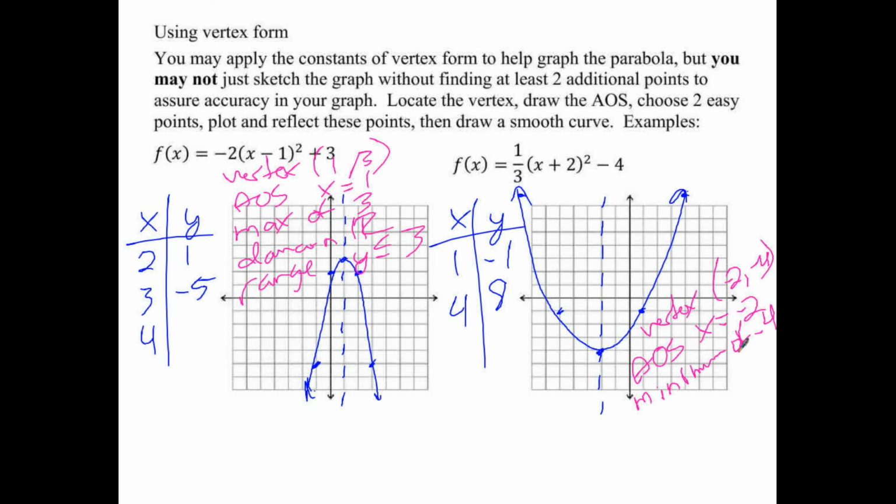Okay, and then domain is all real numbers. Range: y is greater than or equal to -4 is correct. So that's how you call out all of those things. Okay? And that's it for this section. We're done.